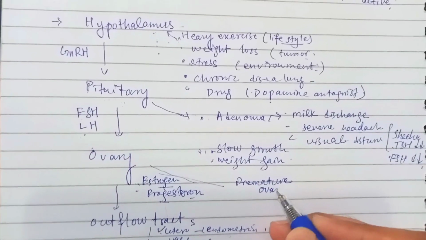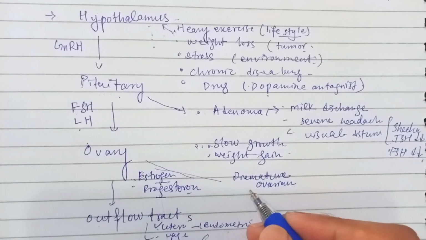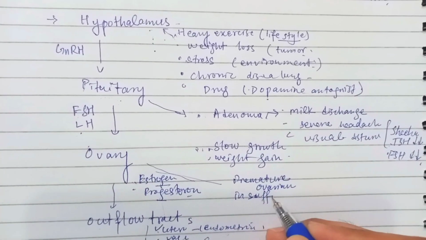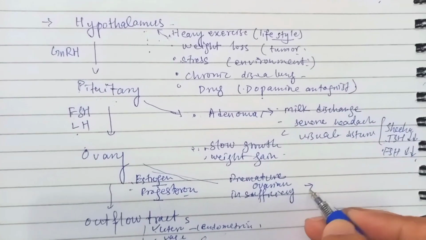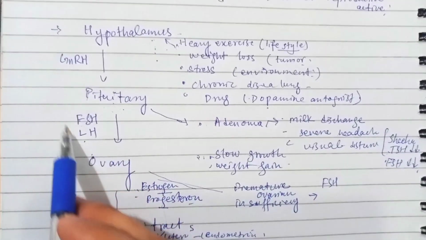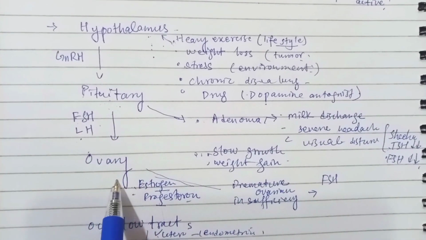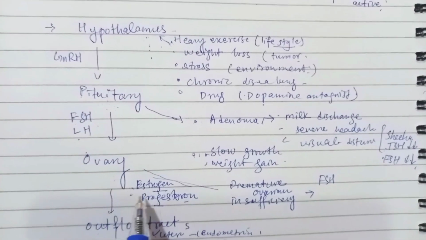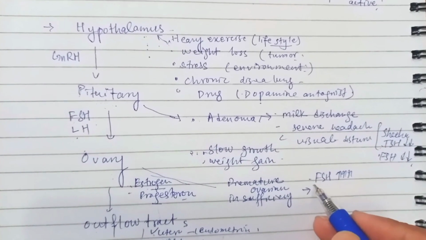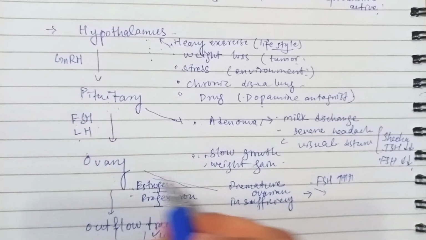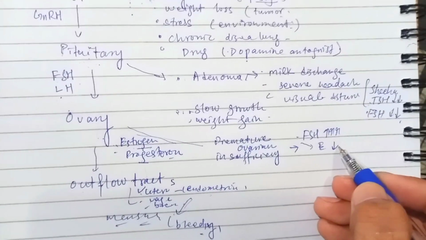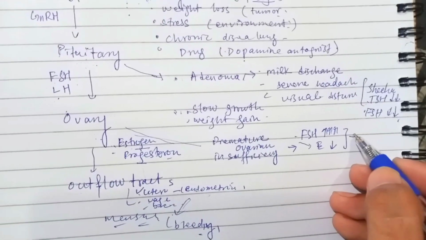In premature ovarian insufficiency, the FSH released from the pituitary is increased, but it cannot stimulate the estrogen due to the problem in the ovary. So estrogen is decreased.